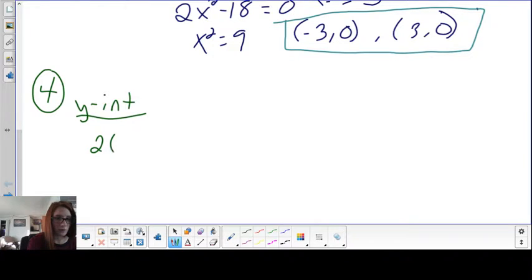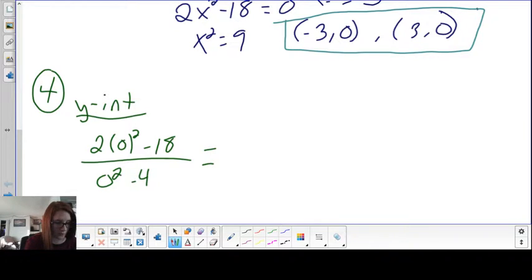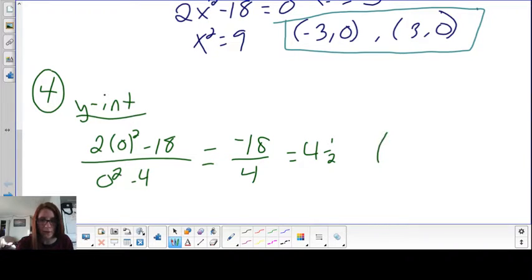So I have 2 times 0 squared minus 18 over 0 squared minus 4, which is essentially negative 18 over negative 4, which is 4.5.